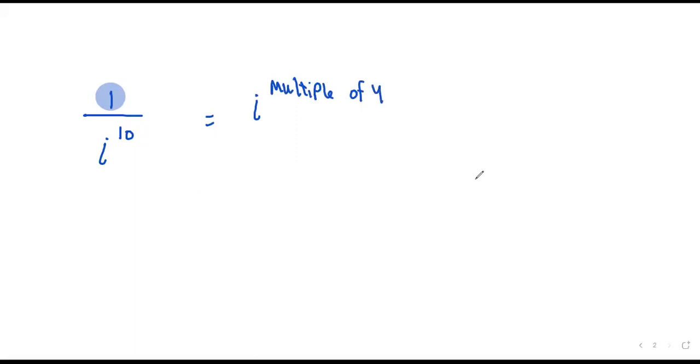So what is the multiple of 4 more than 10? It's i to the power of 12 divided by i to the power of 10. When dividing like bases, we subtract powers. So it's i to the power of 12 minus 10, which is 2. i raised to the power of 2 is negative 1.